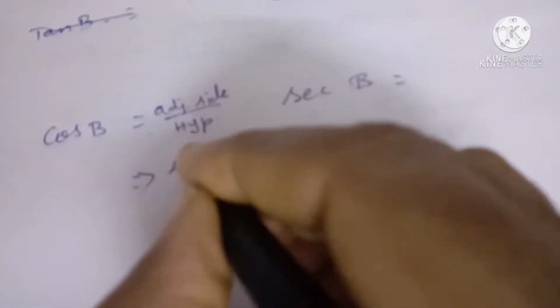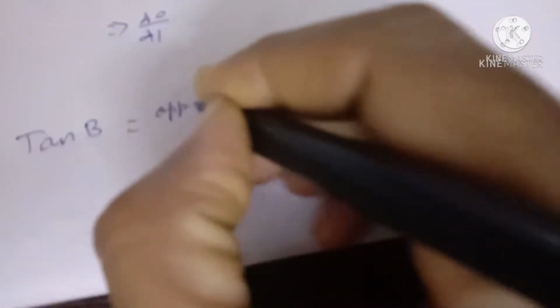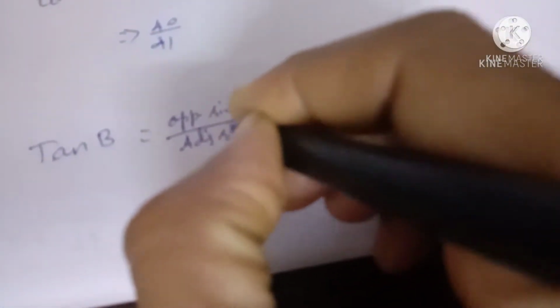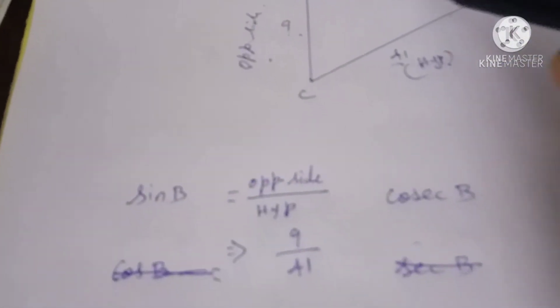Therefore 40 by 41. Then tan B is opposite side by adjacent side. The opposite side is 9 and the adjacent side is 40. That is 9 by 40.